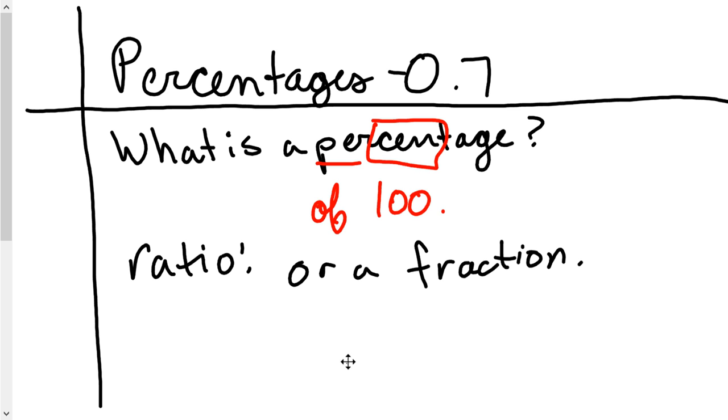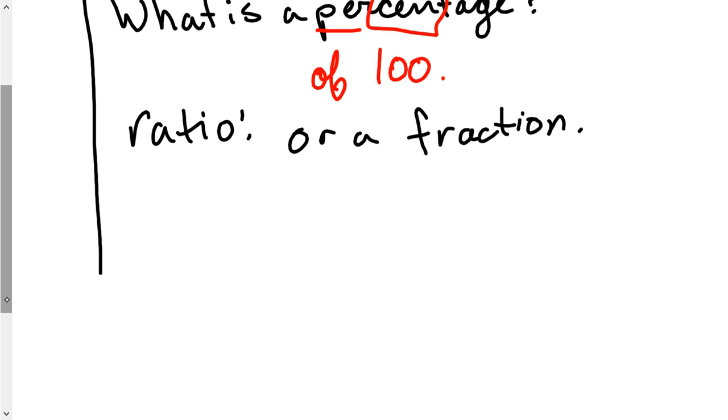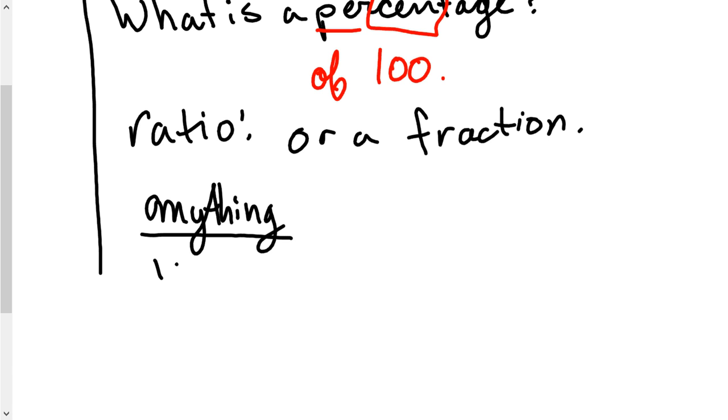So it's so many per 100, or it's this many of 100. And that of is very important. So let's generalize this as anything over 100. So 17 over 100 is equal to 17%.